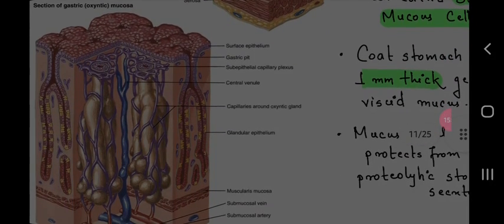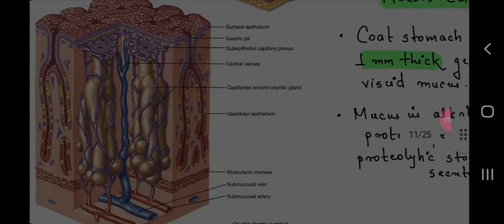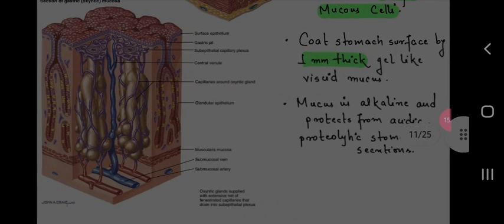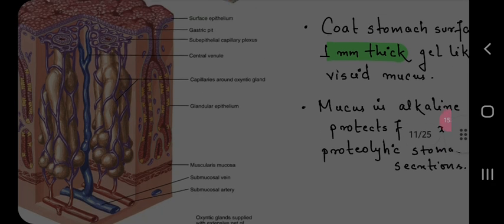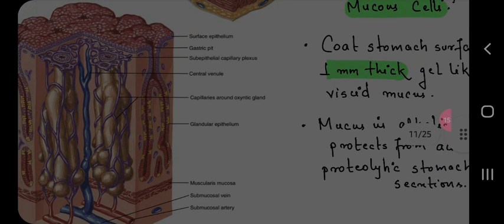Section of gastric or oxyntic mucosa. Oxyntic gland supplied with extensive net of fenestrated capillaries that drain into subepithelial plexus. Submucosal artery, submucosal vein, muscularis mucosa, glandular epithelium, capillary around oxyntic gland, central venule, subepithelial capillary plexus, gastric pit, surface epithelium.